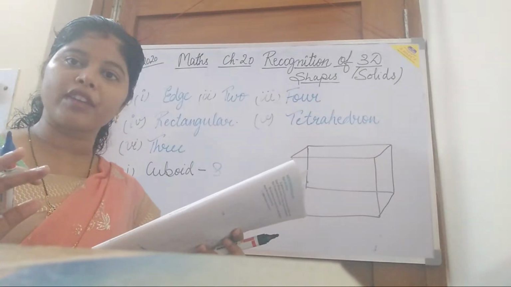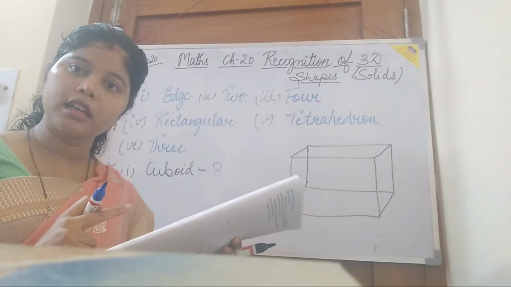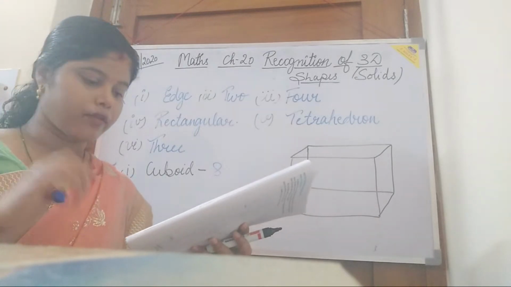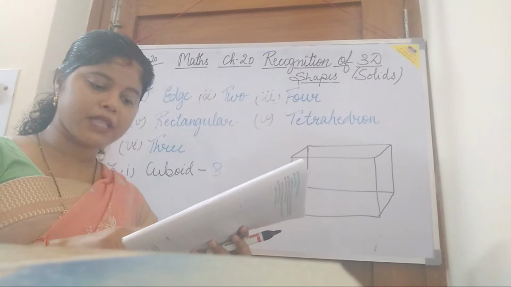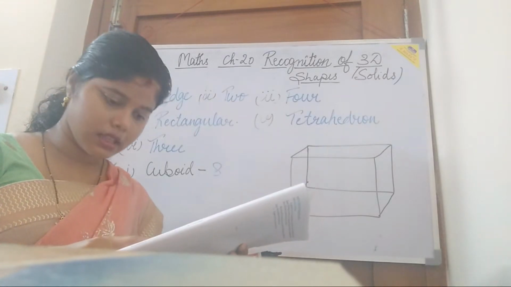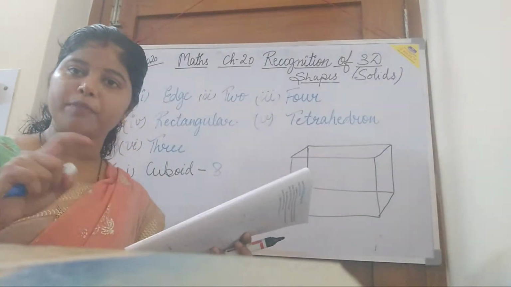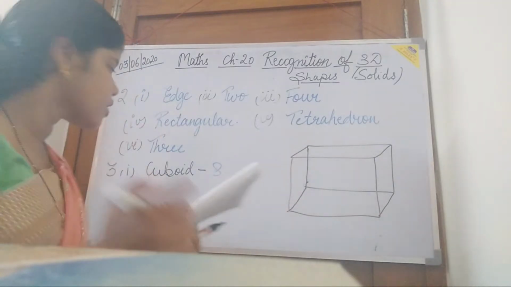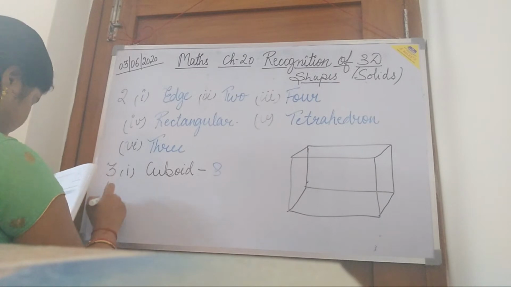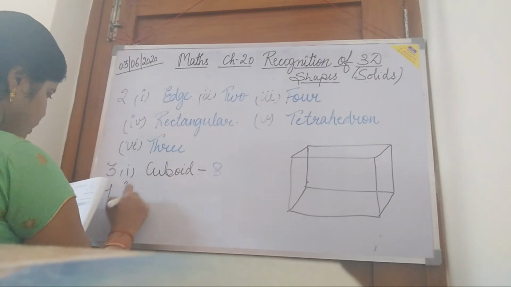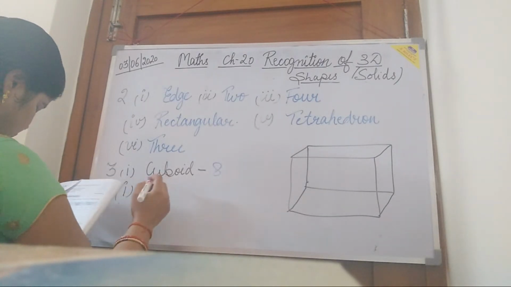Otherwise a pyramid has all its lateral faces in triangular form. So in the options you have the triangular prism, and the rest of the options are pyramids. So only the triangular prism is your answer. So fourth one, the answer will be the first one, triangular prism.